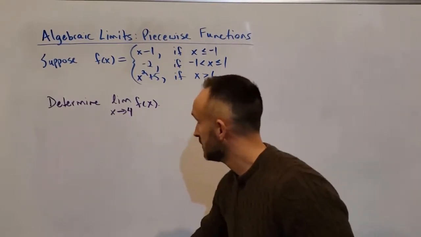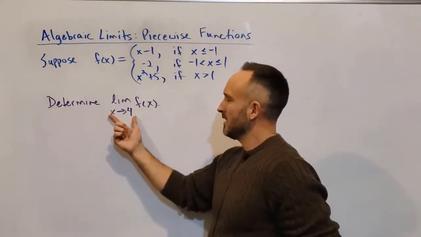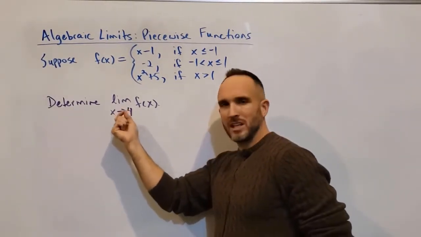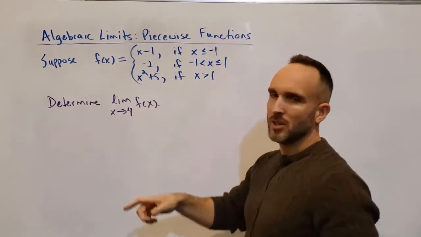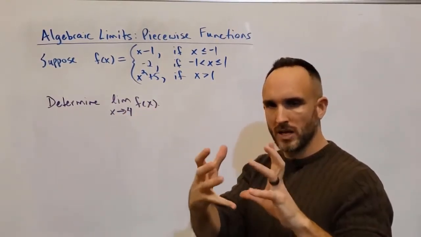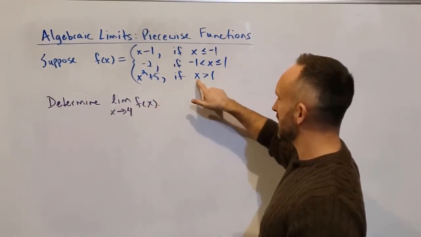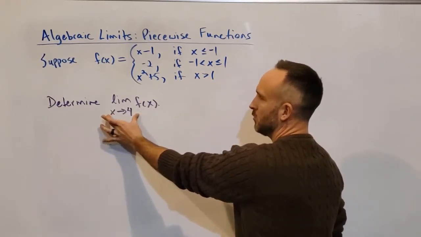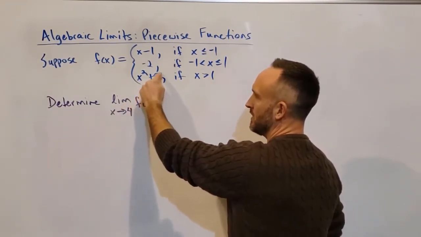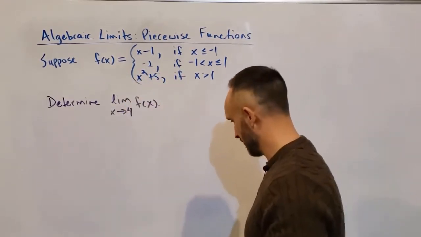Well, when we look at this function, we're looking at x values that are really close to 4. And whenever x is really close to 4, 3 point something, 4 point something, that neighborhood around 4, we're talking about x values that are definitely bigger than 1. So when we're looking at this limit, we're really only concerned with this part of the piecewise defined function, this x squared plus 5 portion.